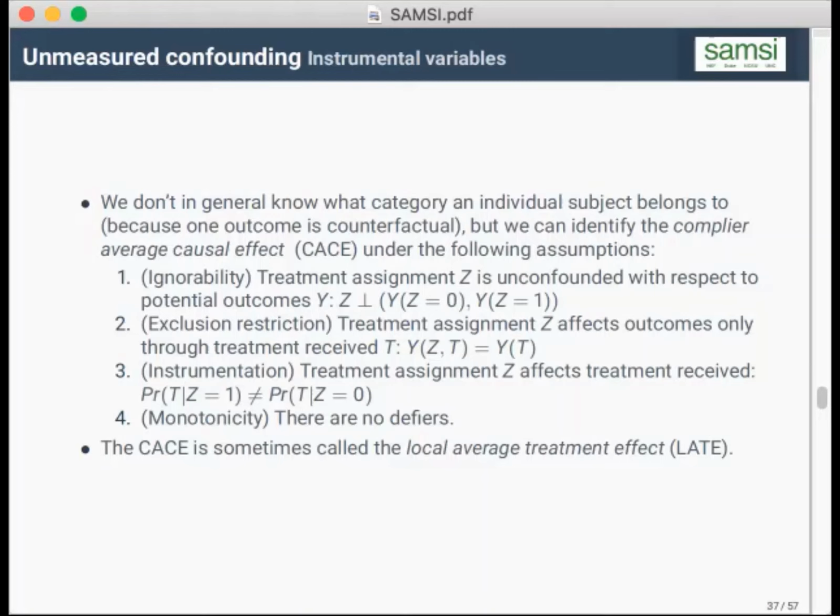So the instrumentation assumption entails that Z truly does have an effect on T. And then the monotonicity assumption is the assumption that there are no defiers.